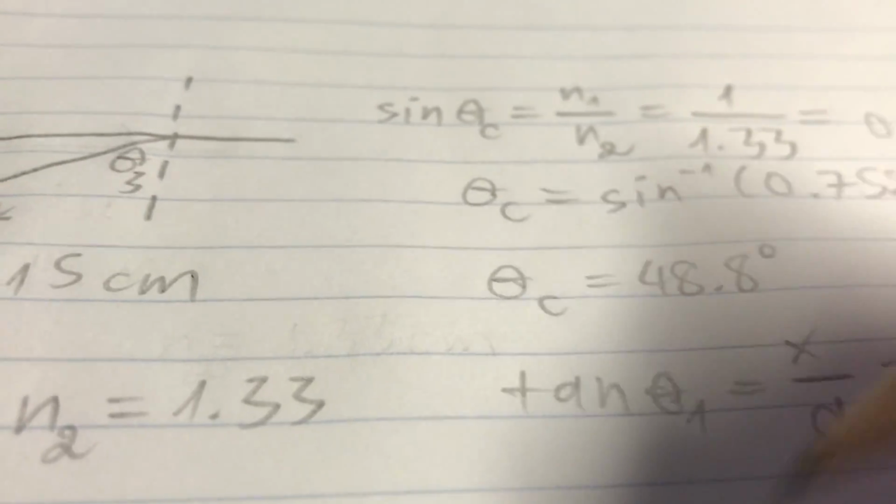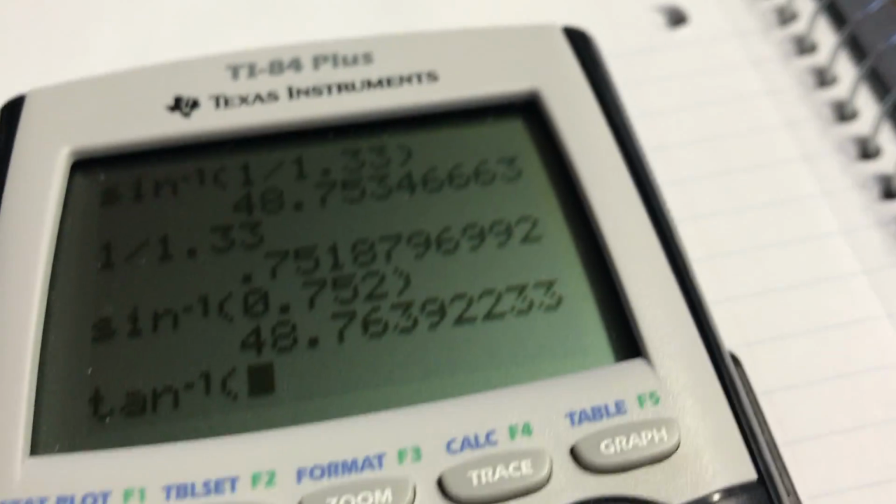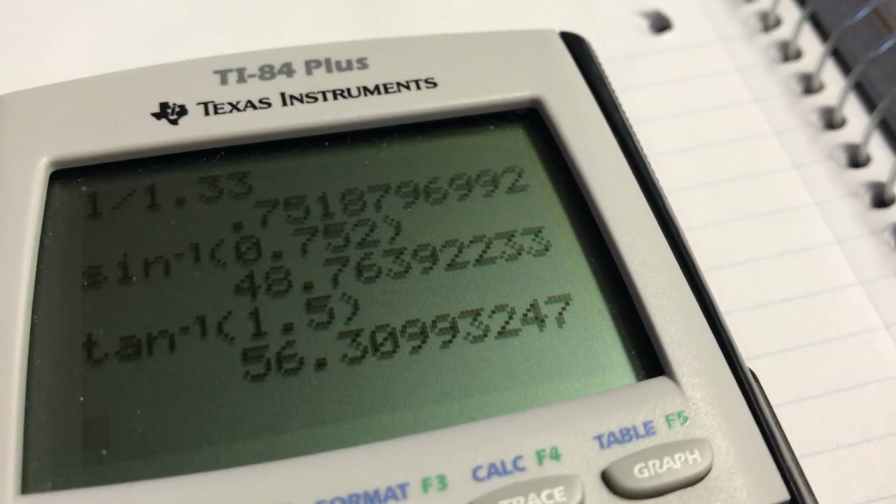Therefore theta 1 is the inverse tangent of 1.5, and that is 56.3 degrees.